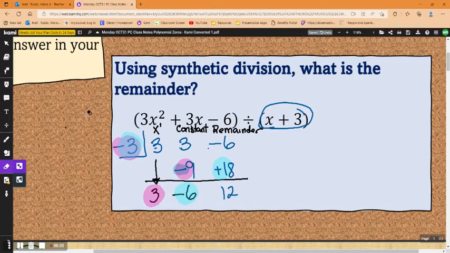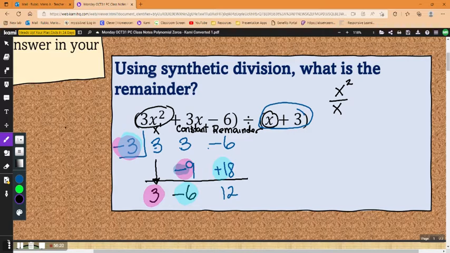The other way to look at it is algebraically. If I have x to the power of 2 divided by x, I know that I use the quotient rule. My result is going to be x to the power of 2 minus this power of 1 that's here in the denominator, which results in x. 2 minus 1 is 1.